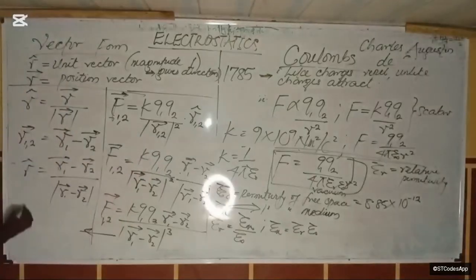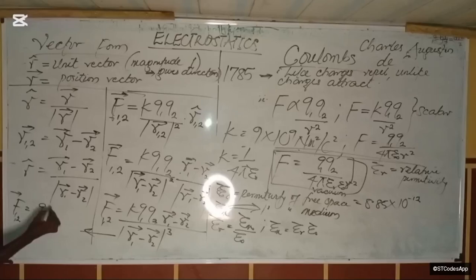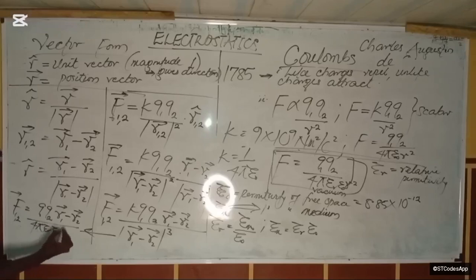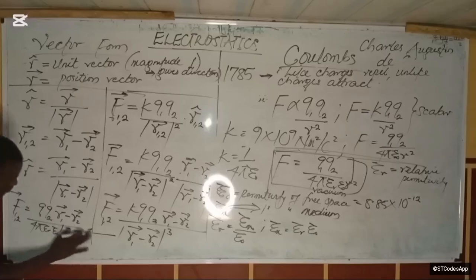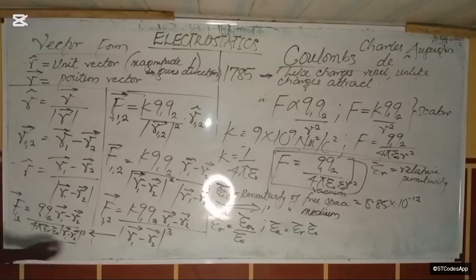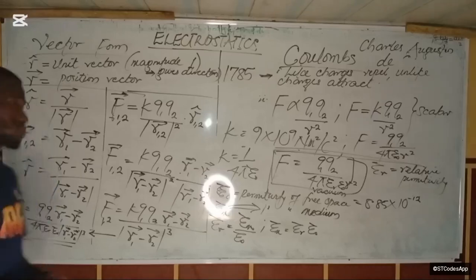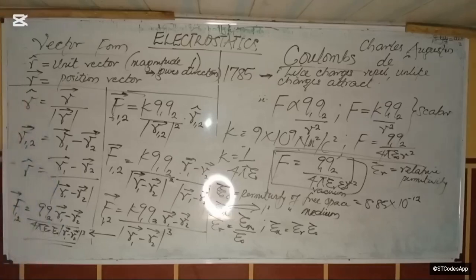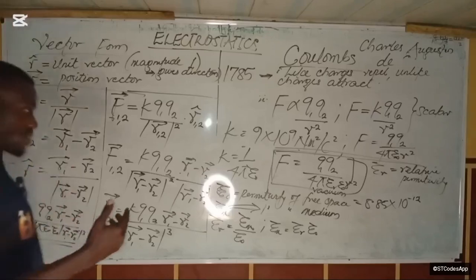Then F1 due to 2 will be equal to Q1Q2 times position vector R1 minus R2, all over 4 pi epsilon R epsilon naught, magnitude of R1 minus R2 cubed. Okay? So these are the possible vectorial notations that you can have for Coulomb's law.